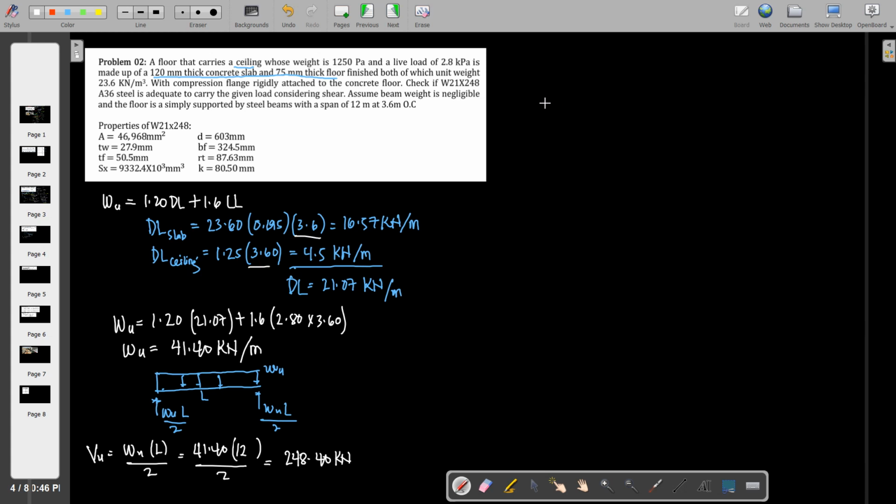So here's the scenario. Say this would be our beam, no? 12 meters. Is actually carrying the floor having a length of 3.6.